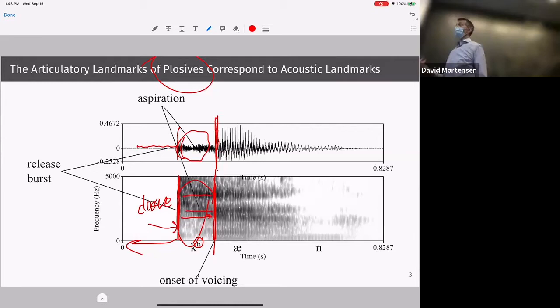Will they typically be the same resonances as the vowel that follows? Yeah, to a first approximation. The difference is that while you're opening up that closure, your articulators are still not in the same position as when you're making the vowel. So there'll often be a kind of transition, and that transition will sometimes continue into the vowel a little bit.